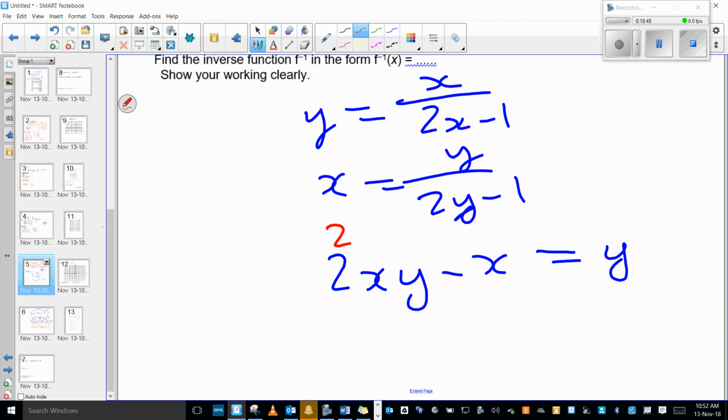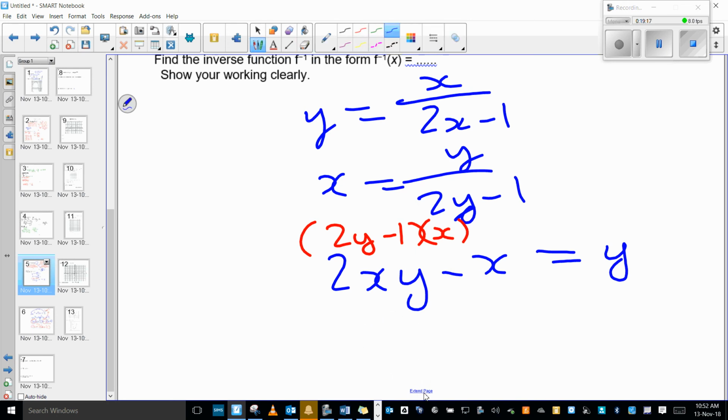That's it. I don't know why I wrote it like that, but you get it, right? Yeah. Thank you. Okay. So you got that, and then from there you have to take the y here. Where would you put the y? So you're going to put the y's on the same side as each other.